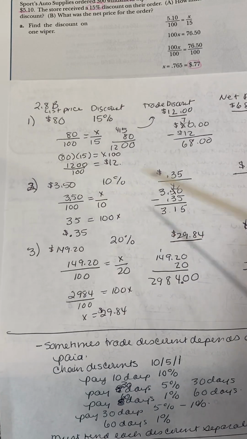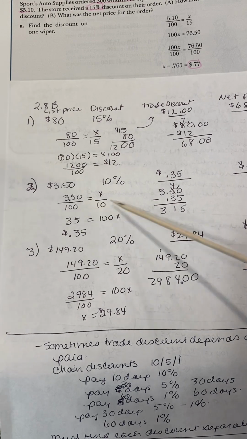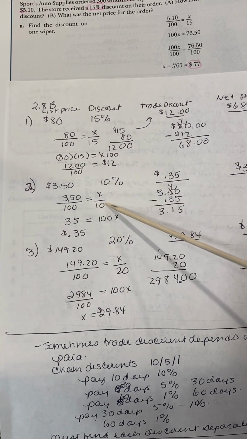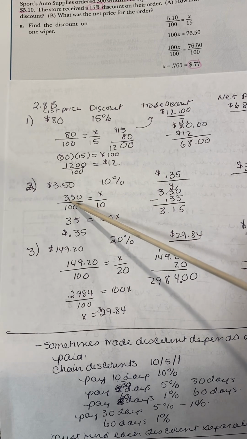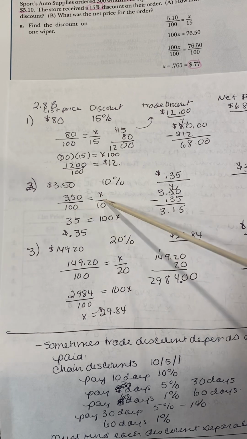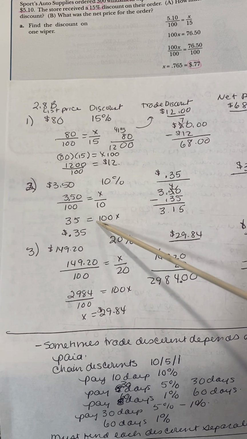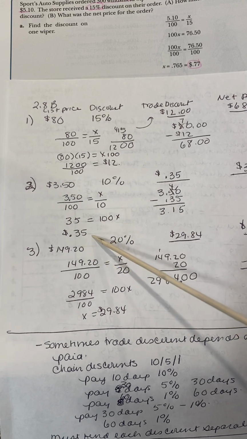$3.50. You get 10% off. So you have $3.50 over 100, X over 10, here's the 10. So here's your portion. You're going to cross multiply $3.50 times 10, it's going to be 35, equals 100x. So you divide this by 100, and you get 35 cents.